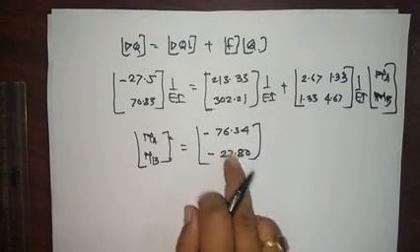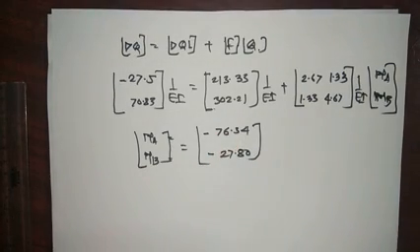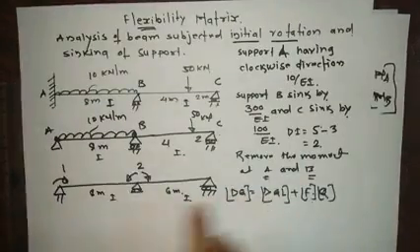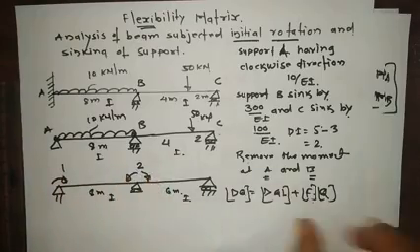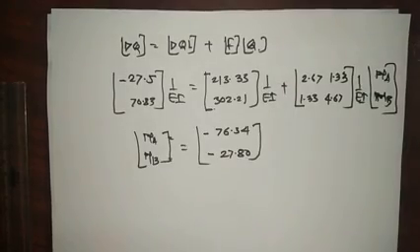Now these values are minus. That means our assumed directions are sagging, but these values are minus. It means these are the hogging moments.